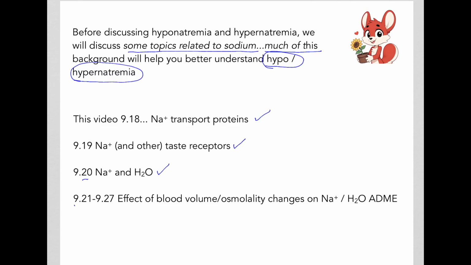And then in 9.21 to 9.27, we'll look at the effect of changes in blood volume and blood osmolality on the ADME of sodium and water. And after that, we'll discuss hyponatremia and hypernatremia.